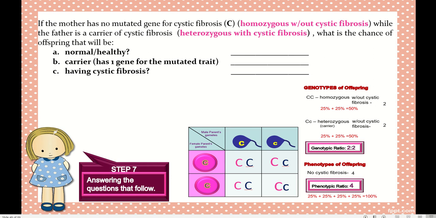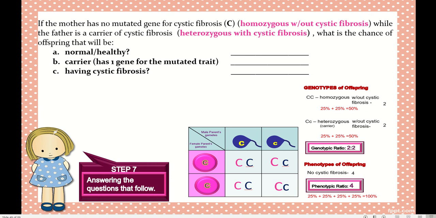So all their children, whether male or female, will all be healthy without cystic fibrosis because the gene contributed shows the dominant form.